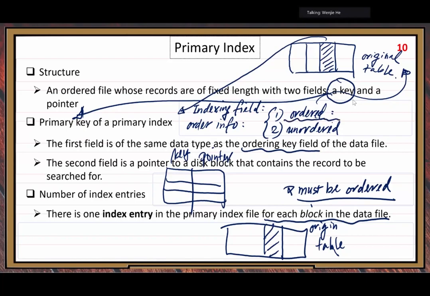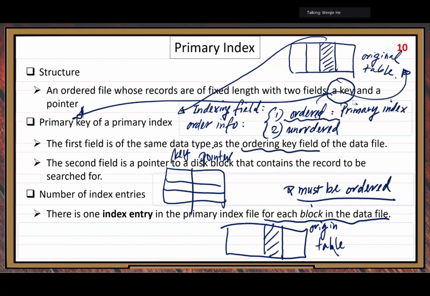No sorting needed. Then we can apply binary search on the ordered field directly. So this case corresponds to our primary index case. If we have this property, then we will build the primary index.